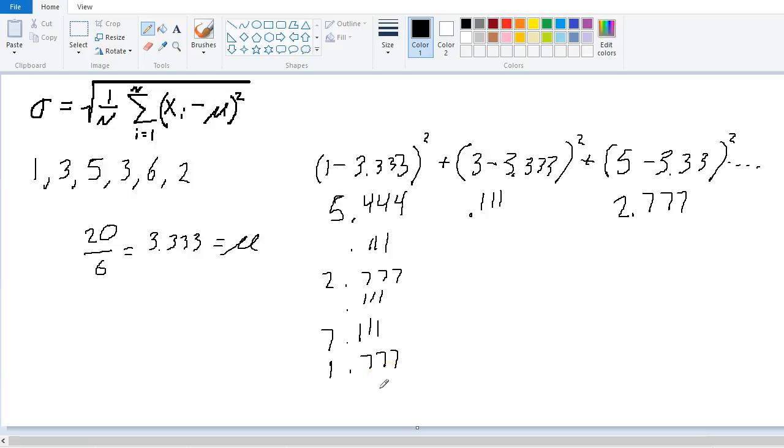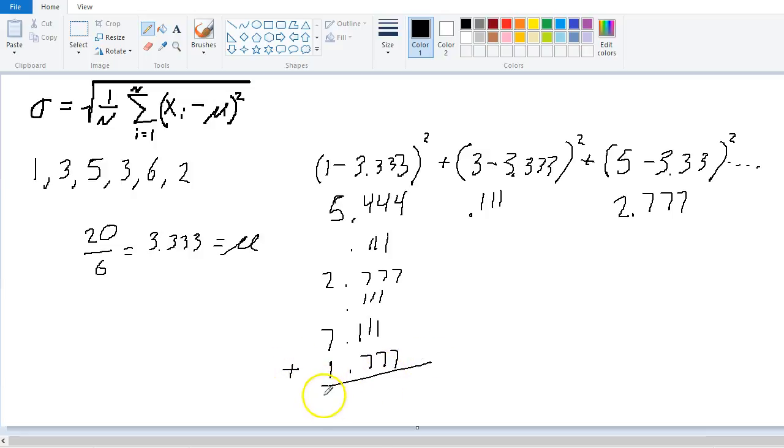Now we just need to add these numbers up and see what we get. I get 17.333. So that's what we get when we add those all up.